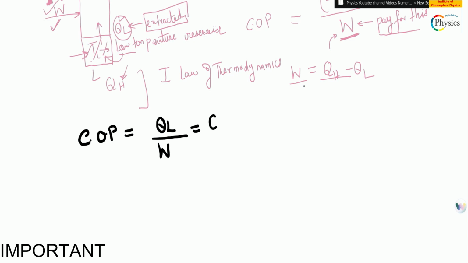Let's convert this into QL divided by, from the first law of thermodynamics, QH minus QL. And then I told you we will not do derivation. Let me convert this into the temperature of this reservoir, which is a low temperature reservoir, divided by the difference of temperature between the two reservoirs.